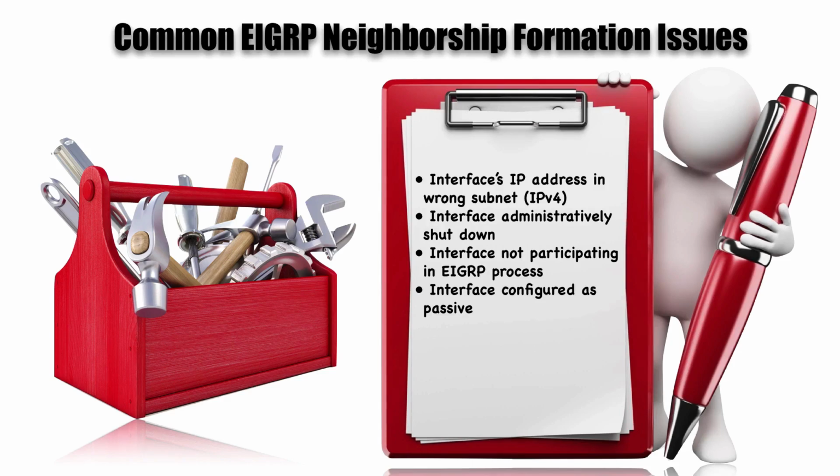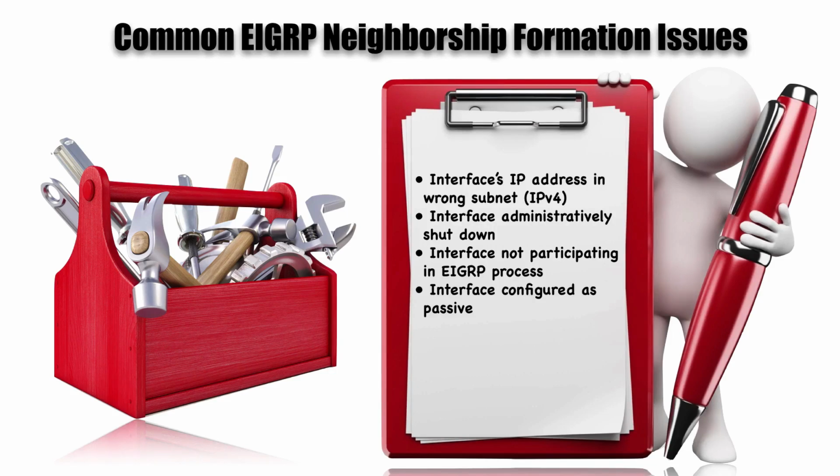It might be appropriate to have an interface be passive if it's connecting out to a bunch of end stations. There's no other router out of this interface with which we're going to be wanting to form a neighborship. Sure, let's enable EIGRP for that interface so that that network gets advertised, but we might as well make it passive because we don't need to send or receive EIGRP messages on that interface.